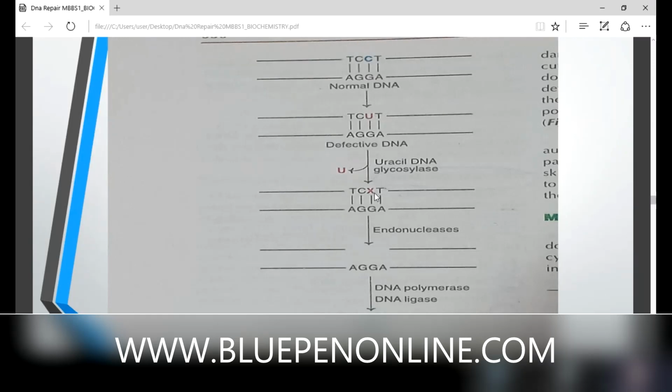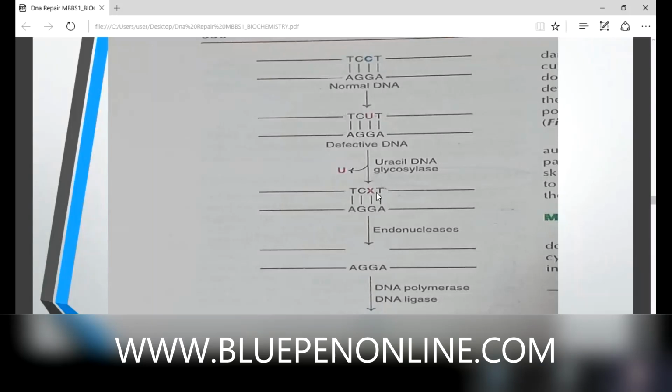So we have one enzyme. That enzyme is known as endonuclease. What is the role of endonuclease? When we study the action of endonuclease, cutting occurs. Endonuclease cuts this area and this area, and removes this portion.